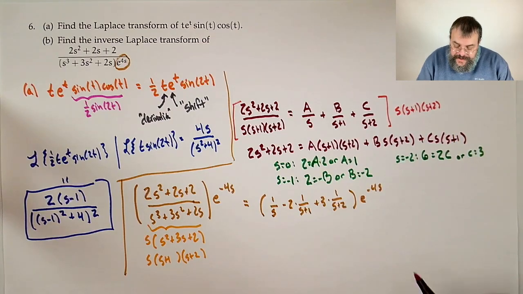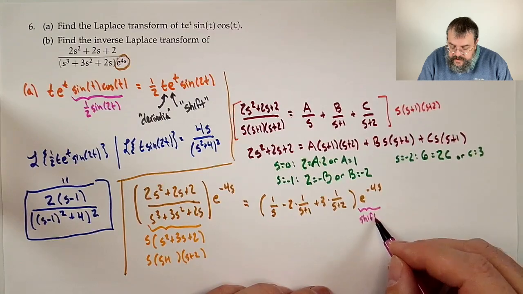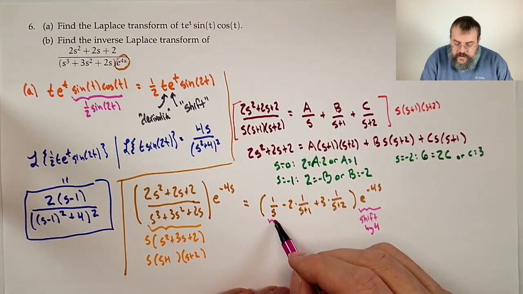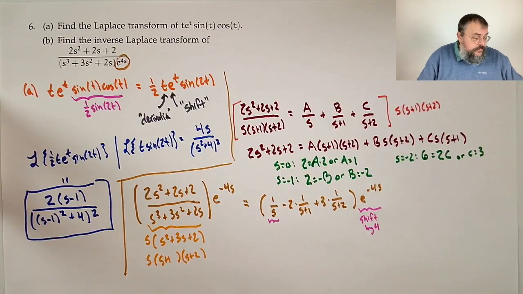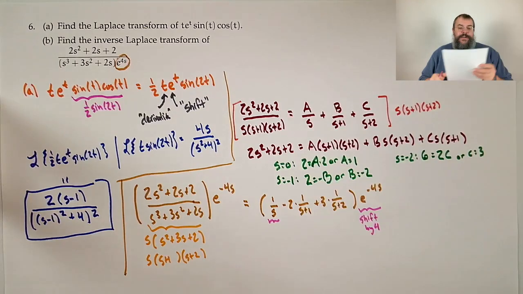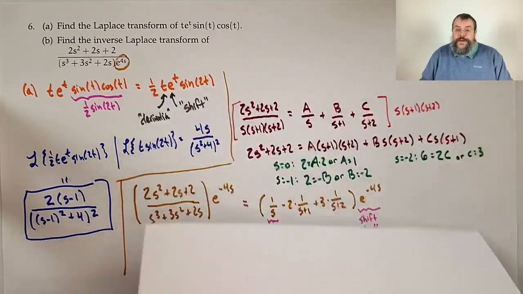All right, so let's make a few more notes, and then we'll write down the answer, because that's how close we are. The e to the minus 4s, this is a shift by 4, so we're ready for that. 1 over s, what will that become? Well, we grab our trusty sheet here. 1 over s is actually high on our list. It's the first thing on our list.